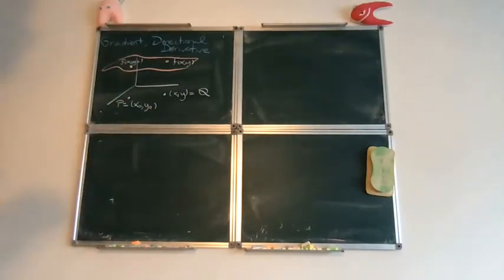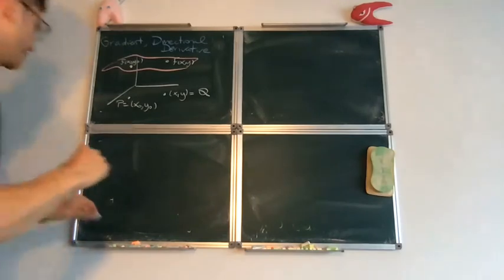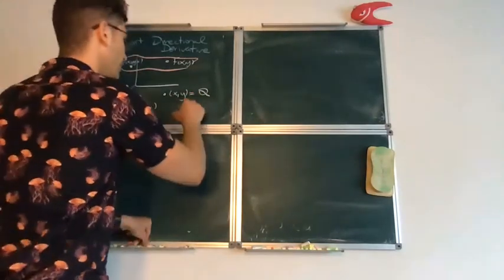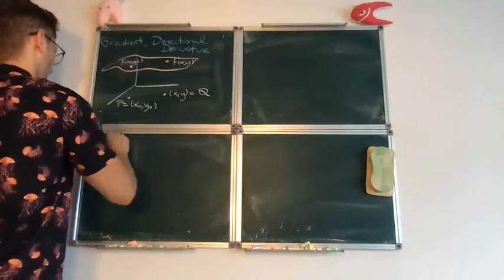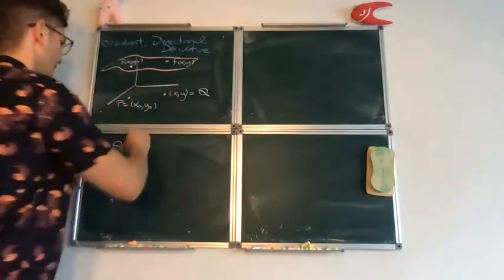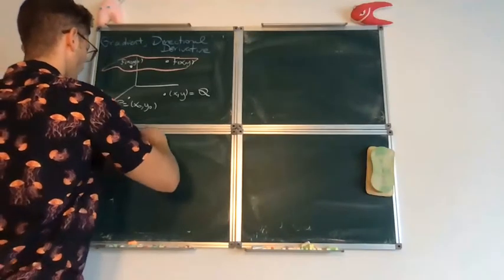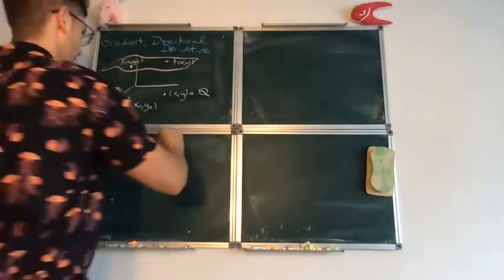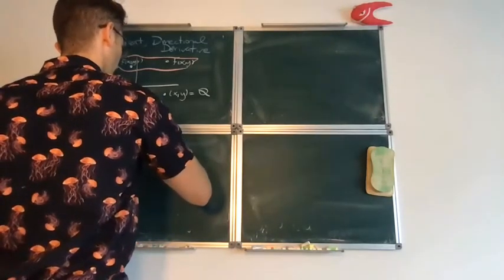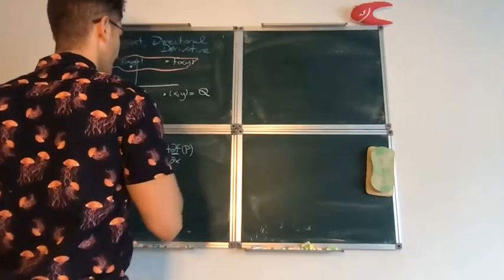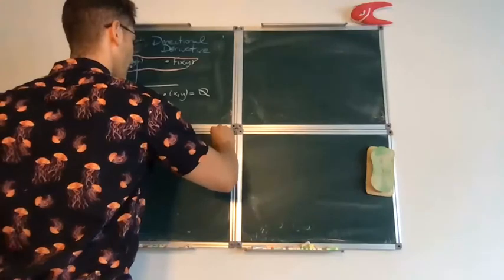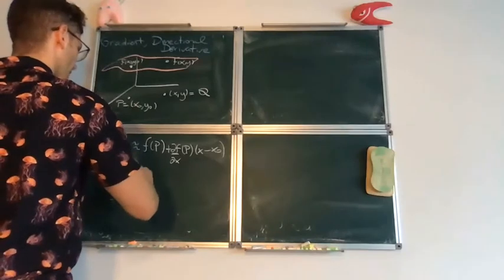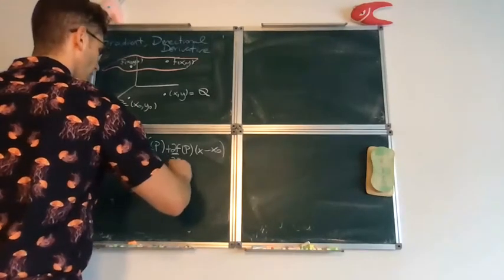And so what Taylor's theorem says, or approximation, is that roughly, f at the point Q, f of x y, is like f of P plus the partial derivative of f with respect to x evaluated at the point P times x minus x naught plus the partial derivative with respect to y evaluated at the point P times y minus y naught.